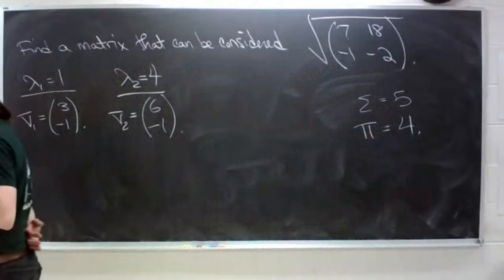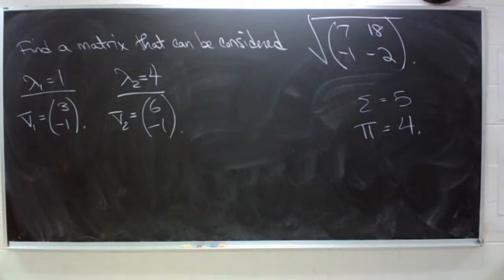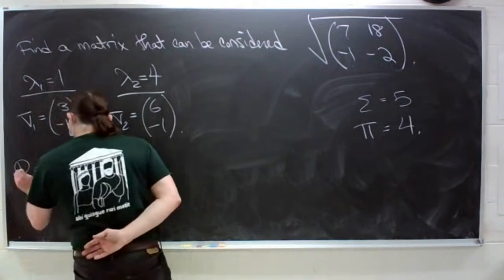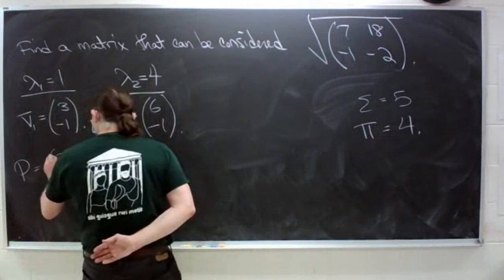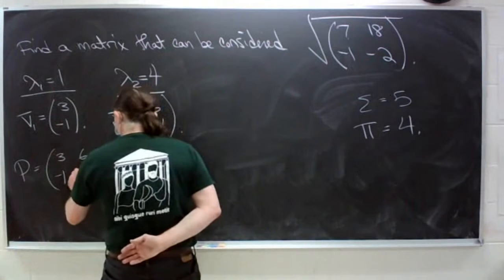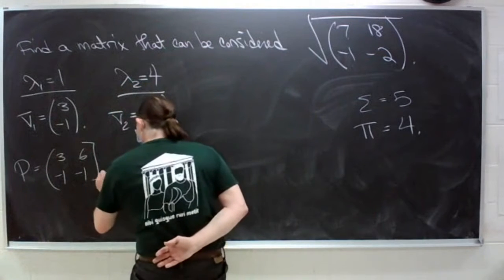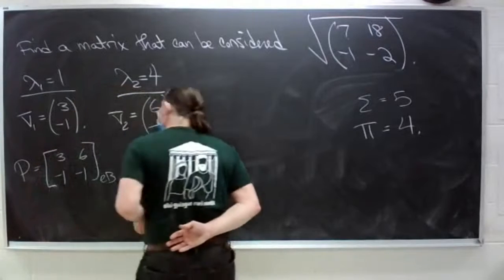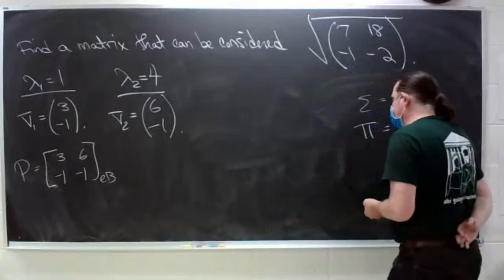So what we really need from these eigenvectors is a change of basis matrix. That's what we really need. So I'm just going to write down our change of basis matrix P. All right?